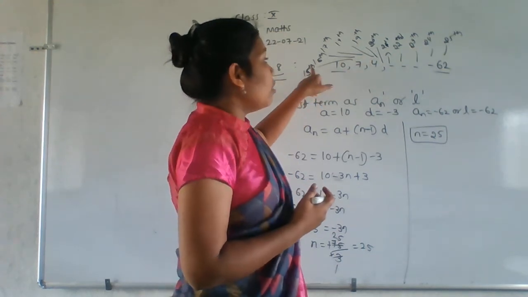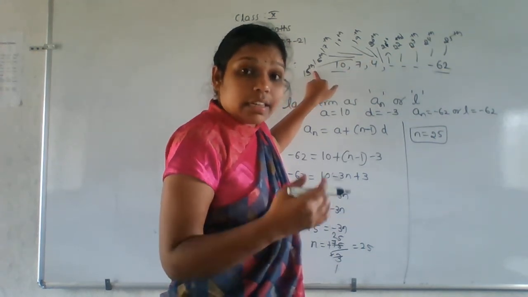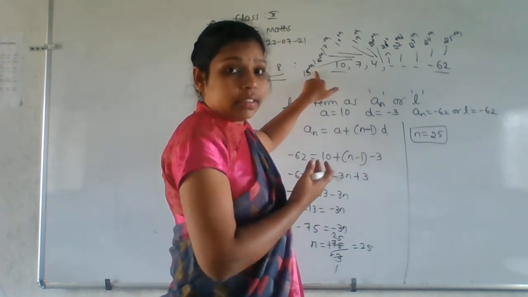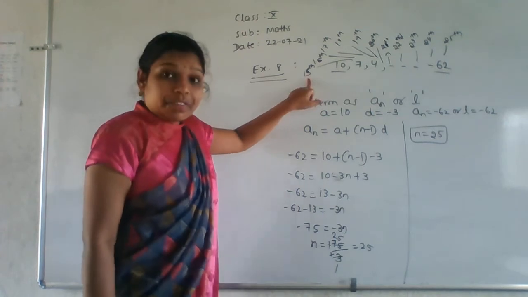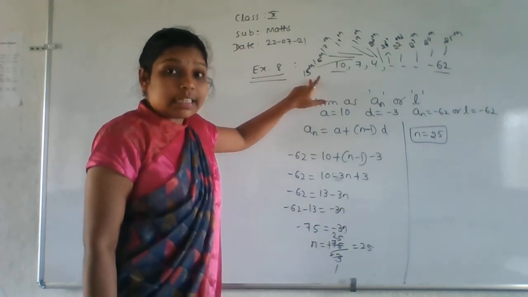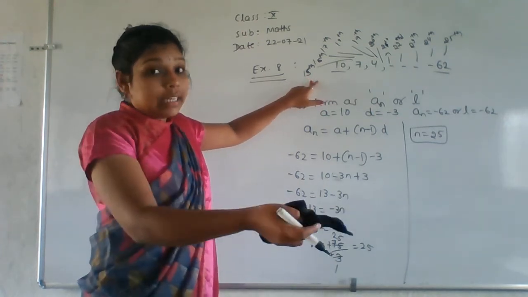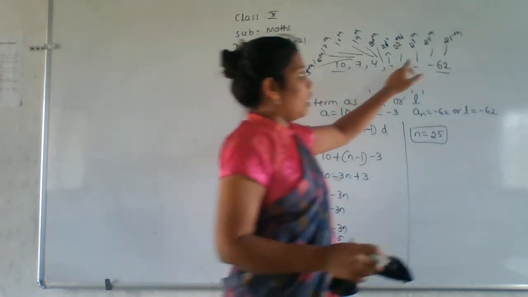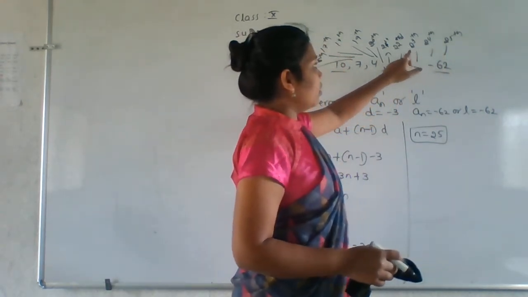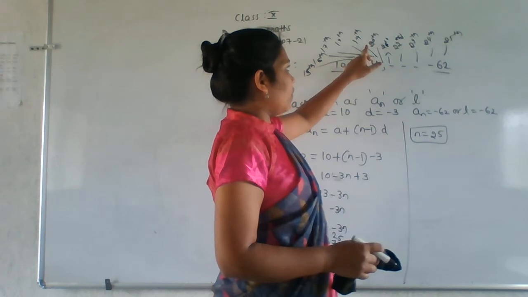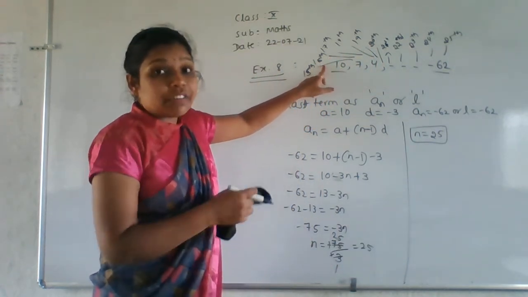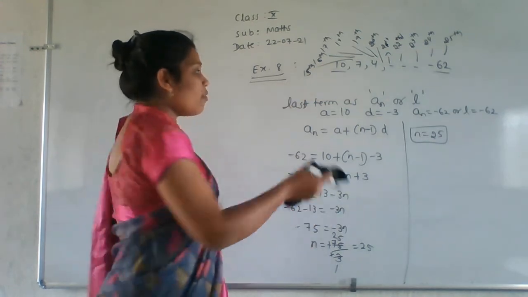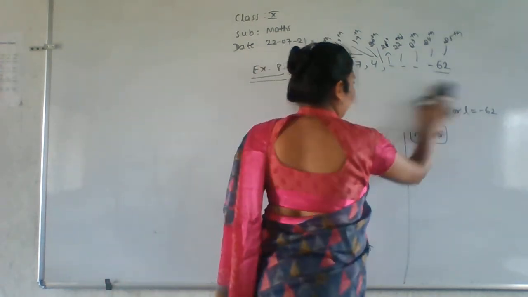From the last term, the 15th term is the 11th term from the last term. Understanding? So now we have to find the 15th term because that is the 11th term from the last term. Once again count here: first, second, third, fourth, fifth, sixth, seventh, eighth, ninth, 10th, 11th. The 11th term is nothing but the 15th term. Okay. So now find the 15th term.